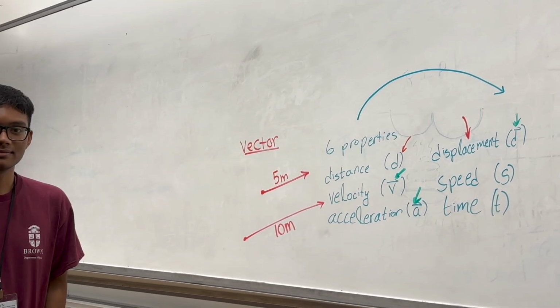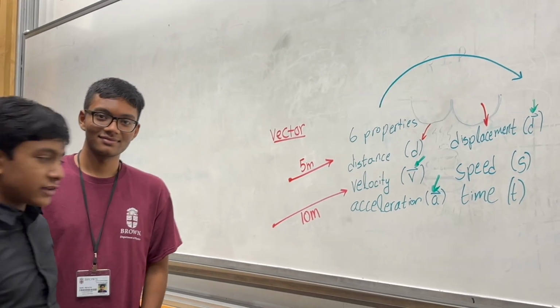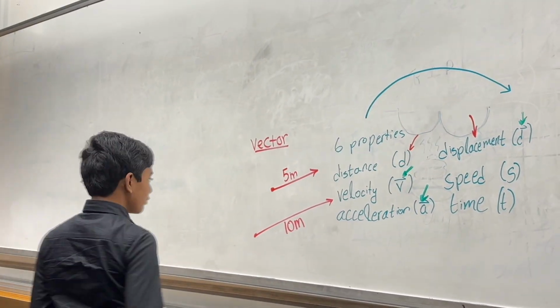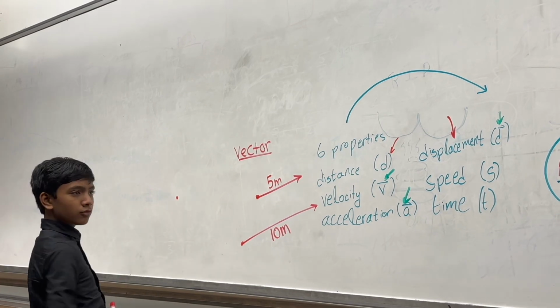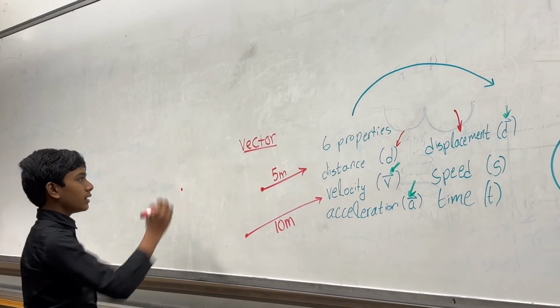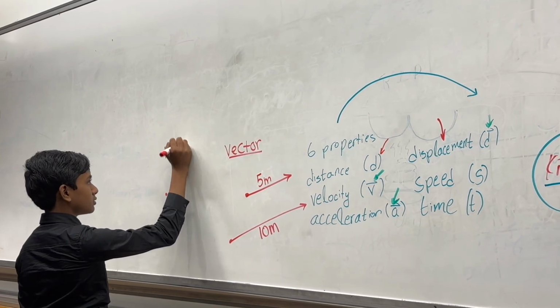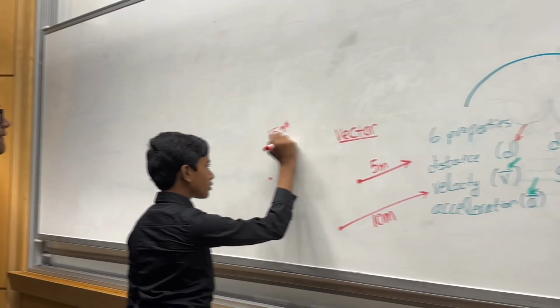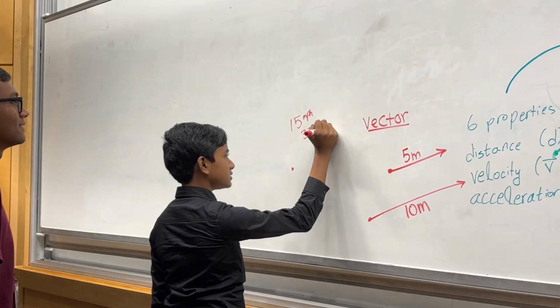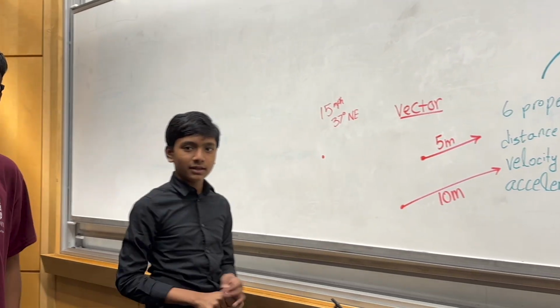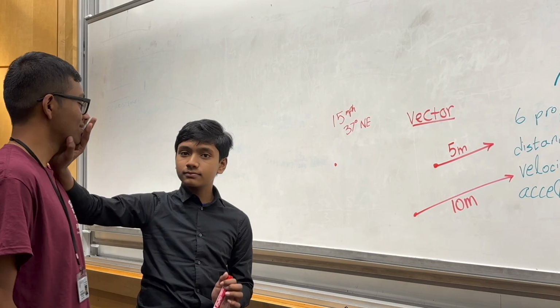So what really are vectors? Are they just some funny arrows? Well, no. It's about where the wind is flowing. The forecast will often say it's flowing at 15 miles per hour, pretty torrential, at 37 degrees to the northeast. What does that mean?